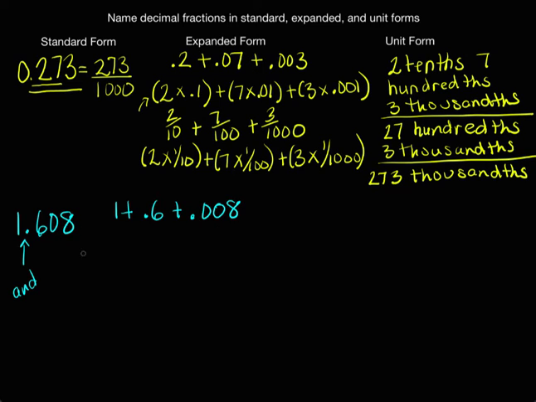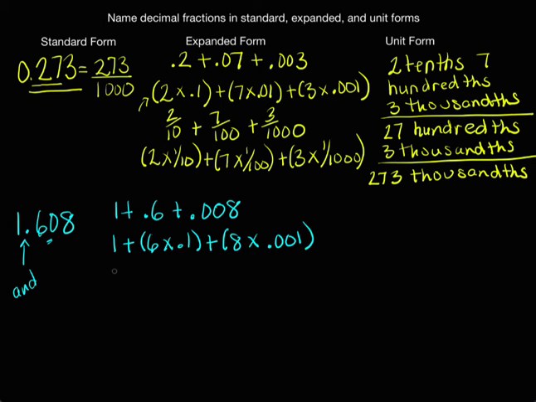Notice that I don't put anything in my expanded form for the fact that I have 0 hundredths. I don't need to put it in. Now I can also represent this by copies of. So I have 1 plus 6 copies of 1/10 plus 8 copies of 1,000th.